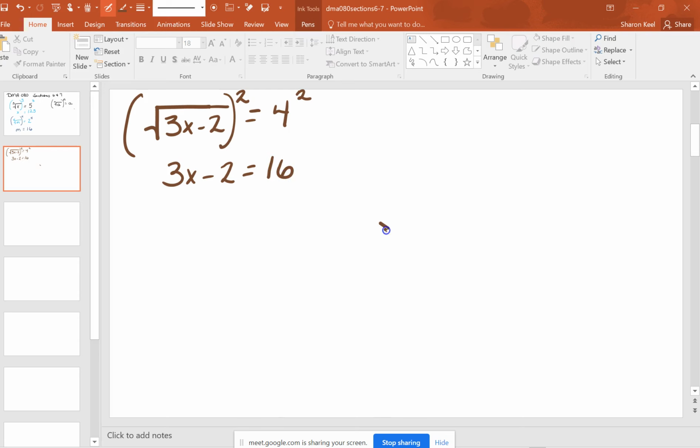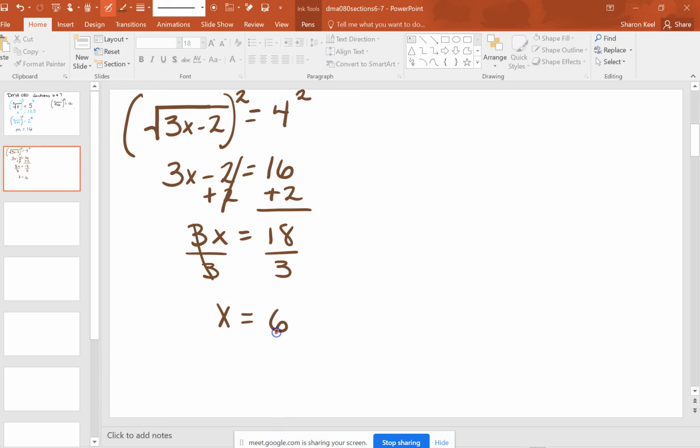At this point, all we have to do now is just simply solve for x. So I'm going to move my 2 over, and I have 3x is equal to 18. And then we divide both sides by 3, and x would be equal to 6.